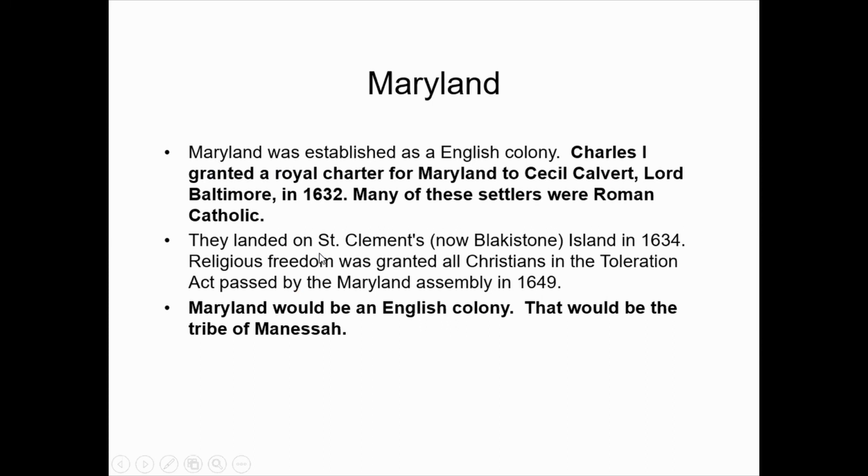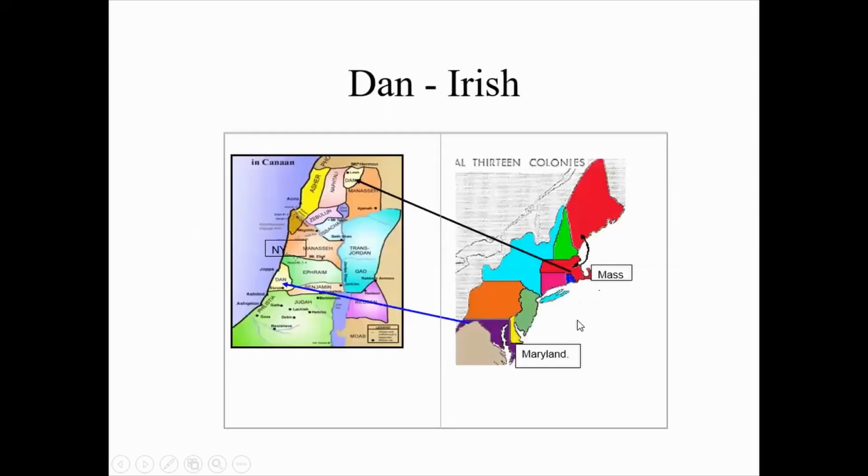Now, Maryland was granted a royal charter. This was given to Cecil Calvin, the Lord of Baltimore, in 1632. Many of the settlers were actually Roman Catholic. Maryland would be an English colony. It would be also the tribe of Manasseh.